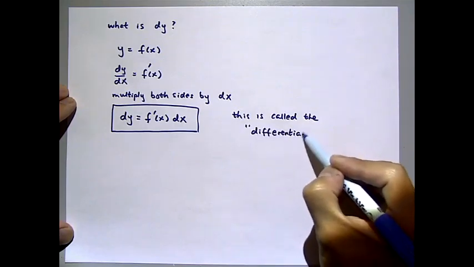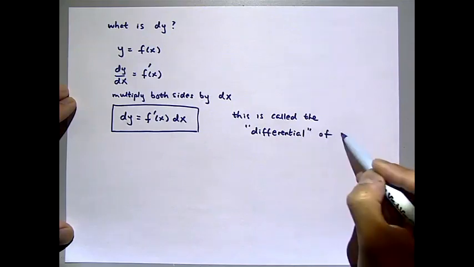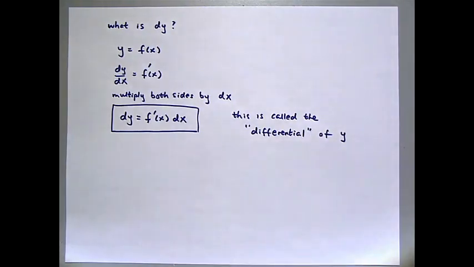This is called a differential of y. All it is is the derivative with dx multiplied to the right-hand side.